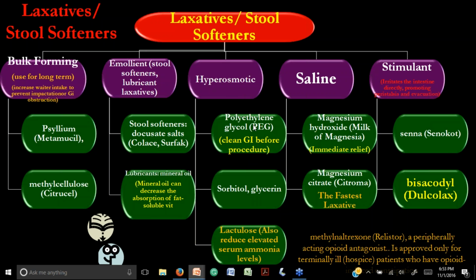Then we have polyethylene glycol, which is used when you have, for example, a colonoscopy, to clean or evacuate the bowel. It is hyperosmotic; a lot of fluid comes into the intestine. Lactulose is also used to reduce elevated serum ammonia, and we are probably going to talk about this in the review that we have on Thursday.